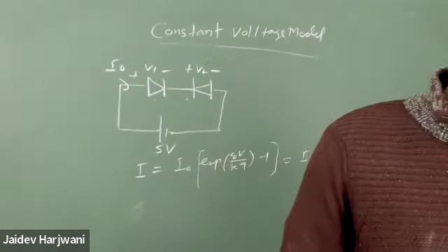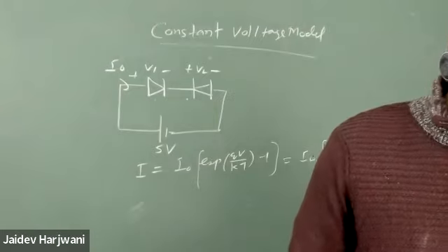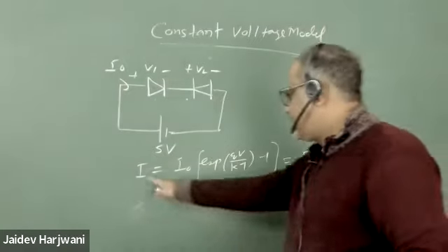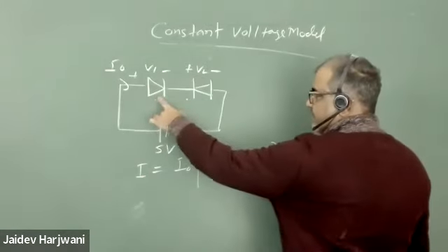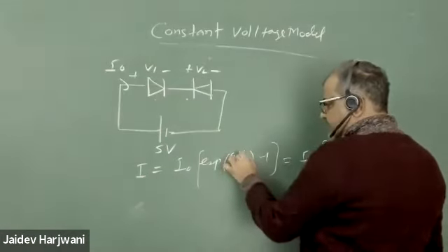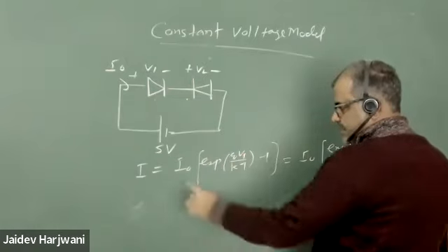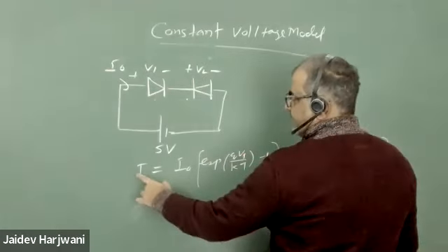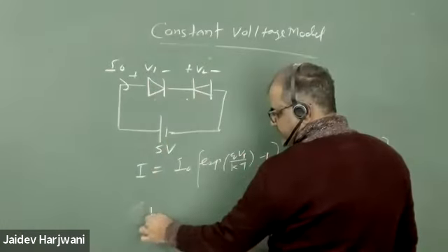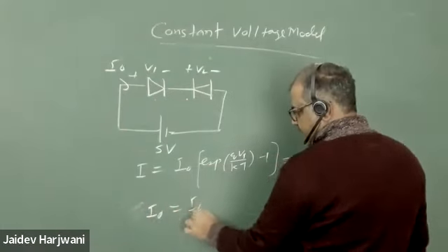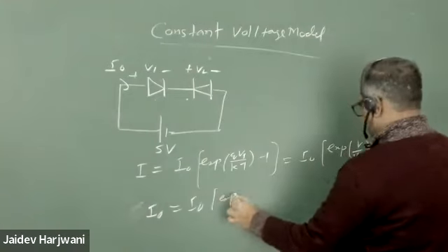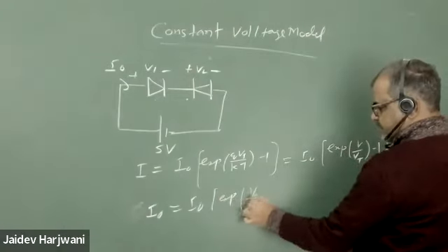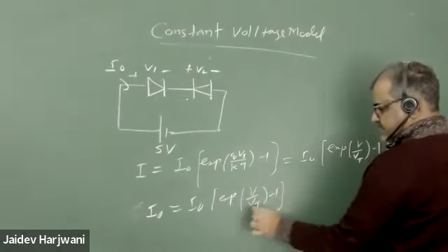Now I know that in the circuit, the current flowing is I naught. This is forward bias, so I call this V1, and the forward current I naught is flowing. So I can write I naught by I naught equals exponential V upon Vt minus 1.